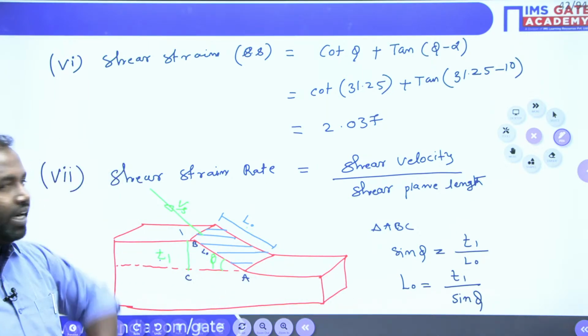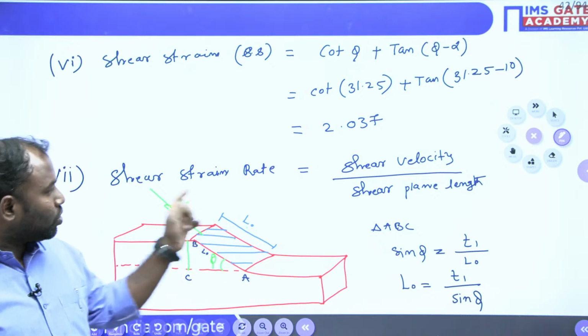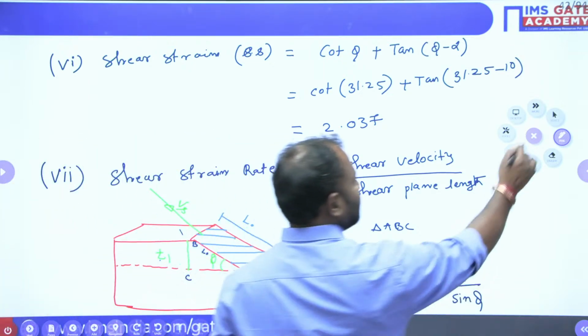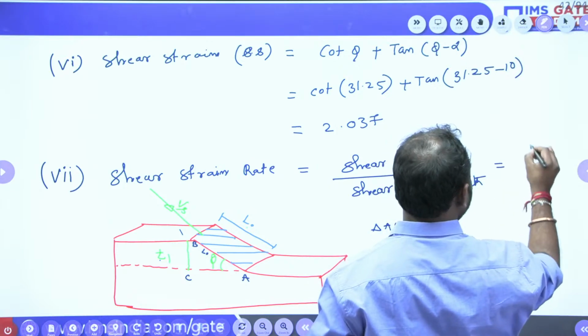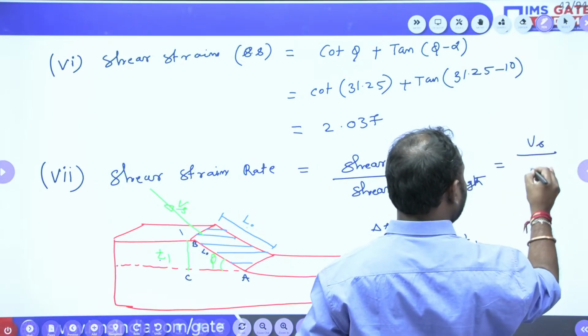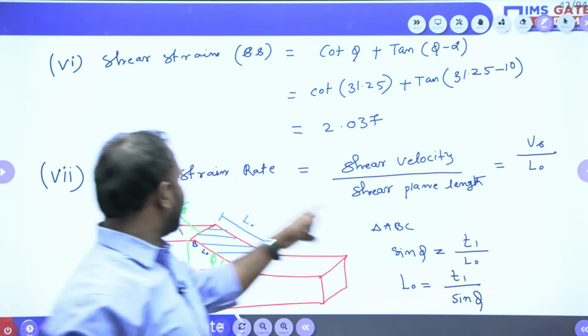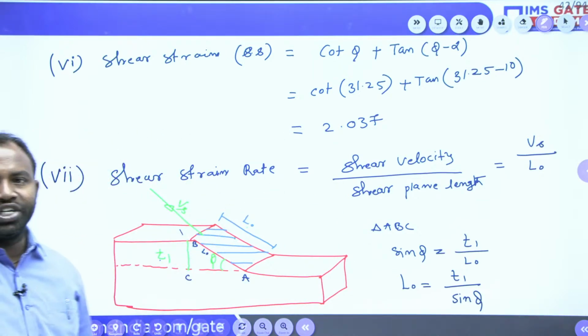Now we have to find the shear flow velocity. Vs divided by shear plane length L0 gives the shear strain rate.